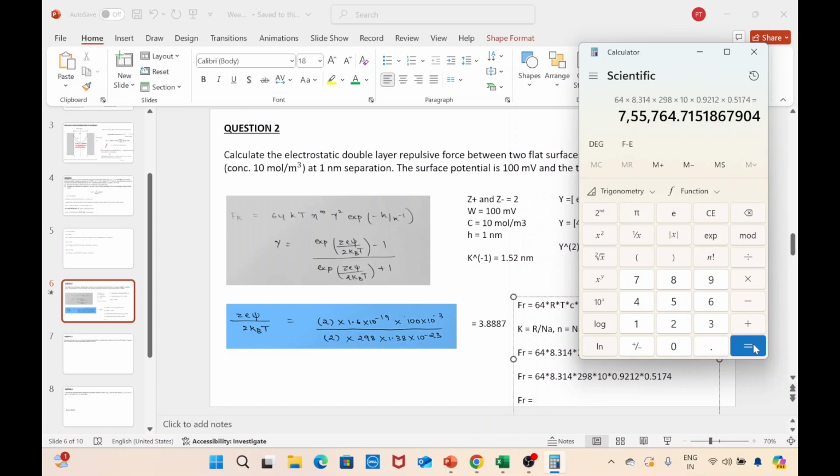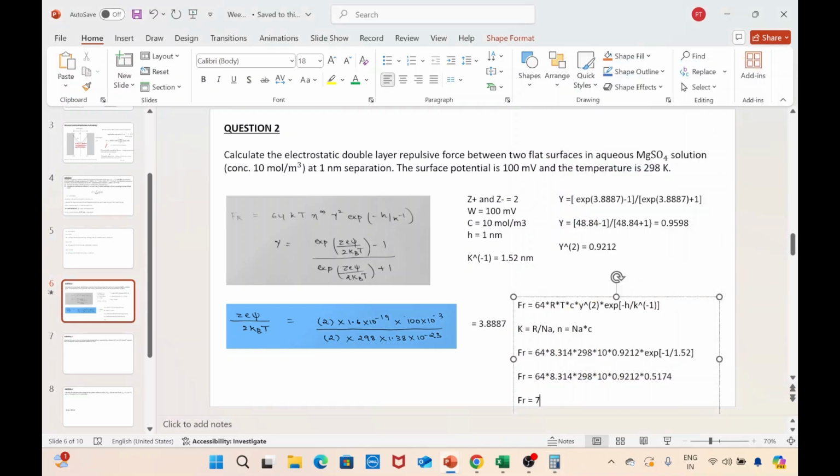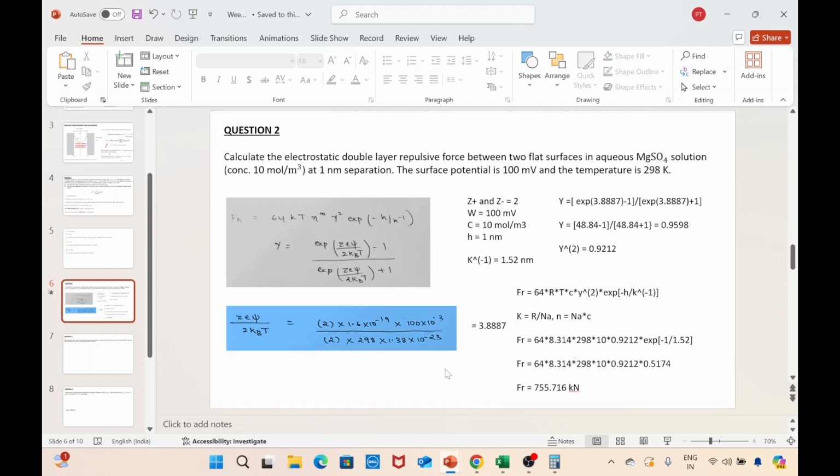So it comes around 7,55,764.715 Newton, or you can write it as 755.716 kilonewton. So this is the repulsive force.